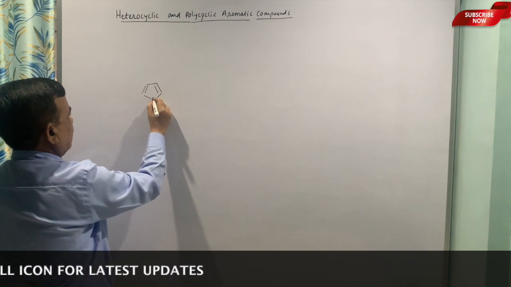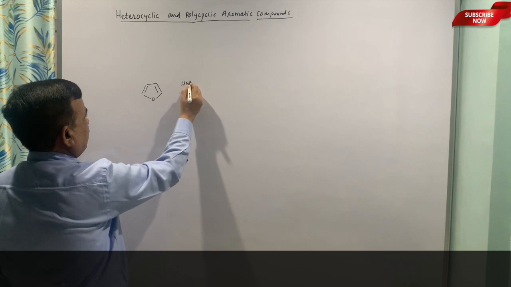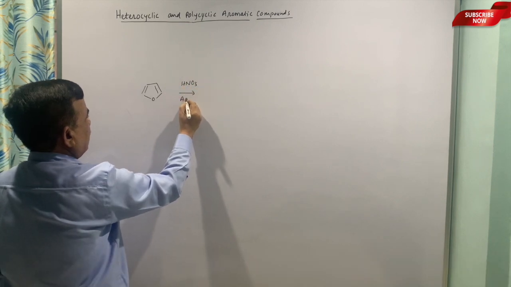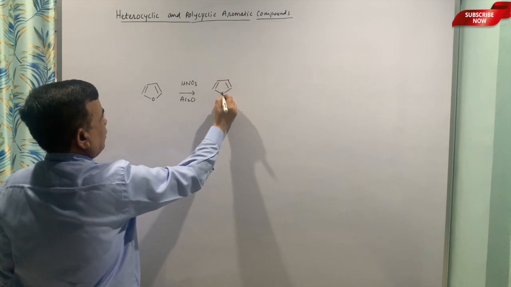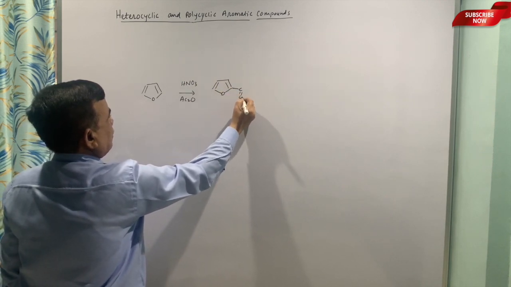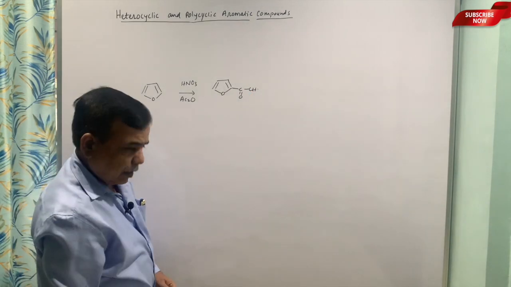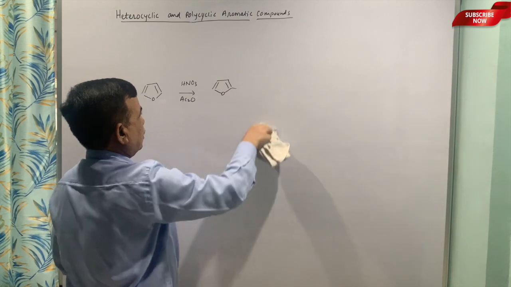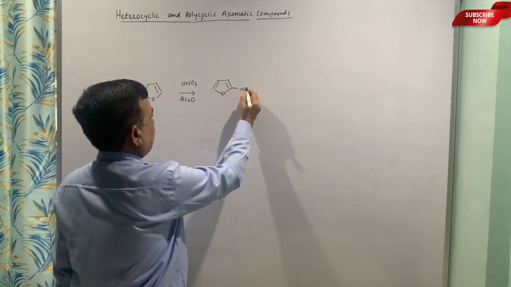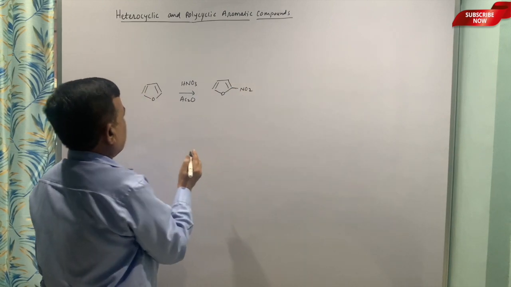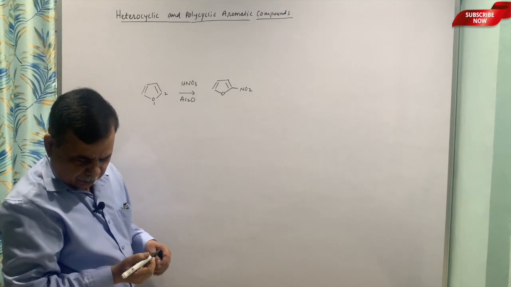So, furan, then HNO3 and acetic anhydride, giving NO2. Okay. Now, that means it is 2 substitution.